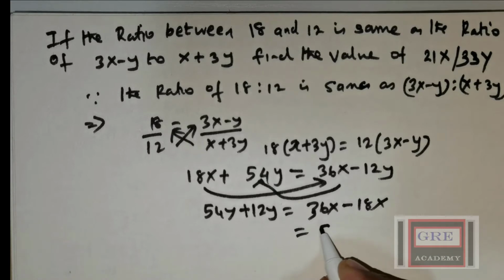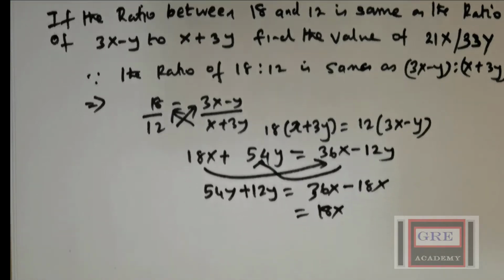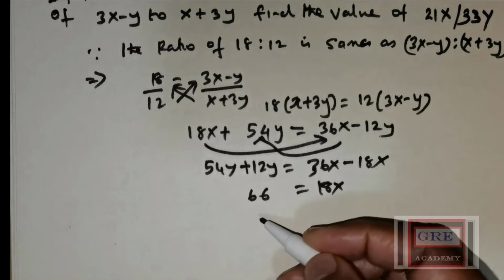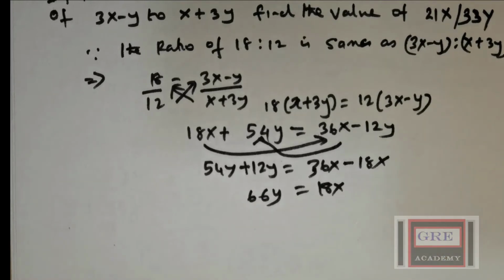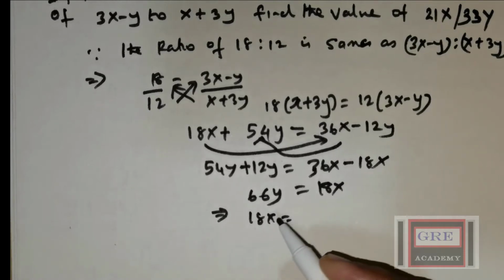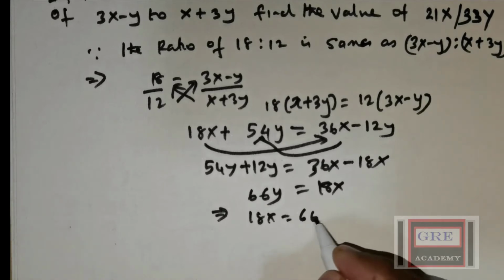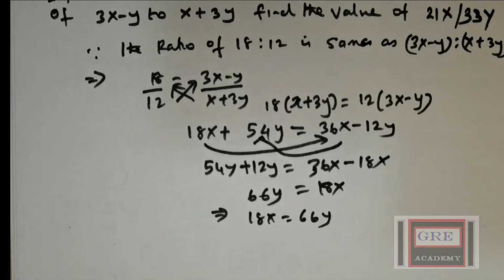Now this is going to be 18x and this is going to be 66y. So I can rewrite this as 18x. I always like to have x on the left, so it's going to be 18x is equal to 66y. Both of them are the same, but just for the sake of convenience.